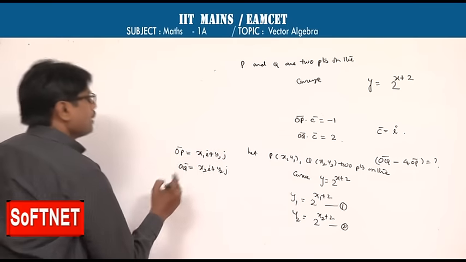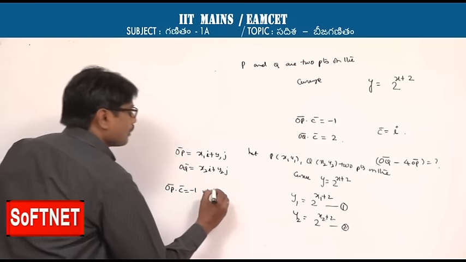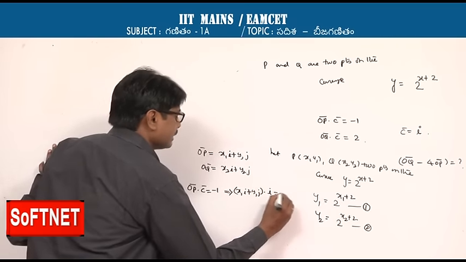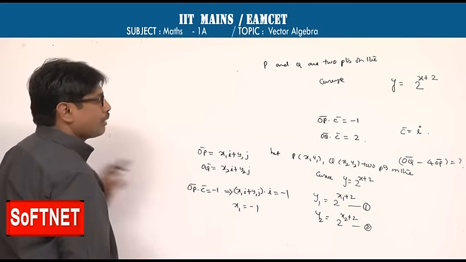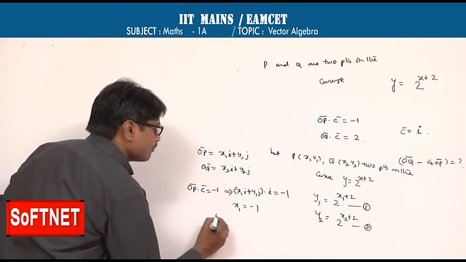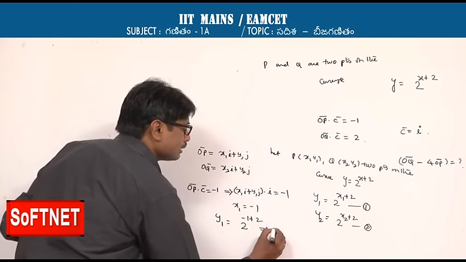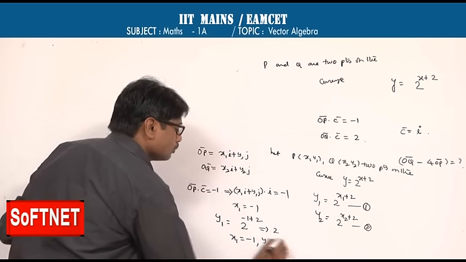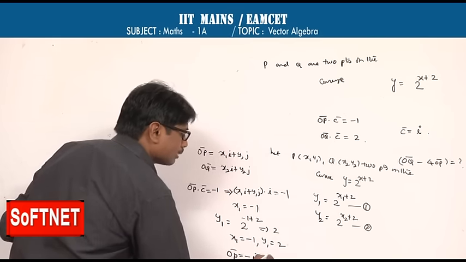OP bar dot C bar is equal to minus 1, this implies x1 I bar plus y1 j bar dot C bar, I bar, is equal to minus 1. ఇప్పుడు ఈ రెండింటి మధ్యలో డాట్ ప్రోడక్ట్ అప్లై చేస్తే x1 is equal to minus 1. ఈ x1 equal to minus 1 ఇక్కడ కర్వ్ ఈక్వేషన్లో సబ్స్టిట్యూట్ చేస్తే y1 is equal to 2 to the power of minus 1 plus 2, that is nothing but 2. So x1 is equal to minus 1, y1 is equal to 2. OP bar వచ్చింది. What is OP bar? Minus I bar plus 2j bar.